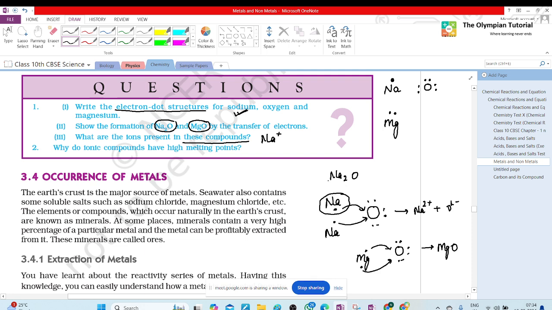Or otherwise you can simply write Na plus, O2 minus and Mg2 plus. Because each Na is only giving 1 electron. That's fine. Now you have got everything till here.